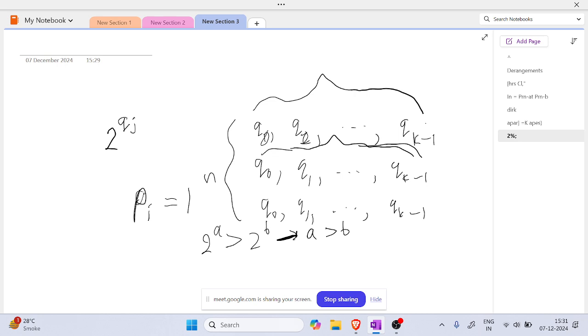But that is only the pairs which appear in a single block. Like you divide this array into n blocks, and that is only the pairs of inversions which appear in the same block. But what about different blocks?